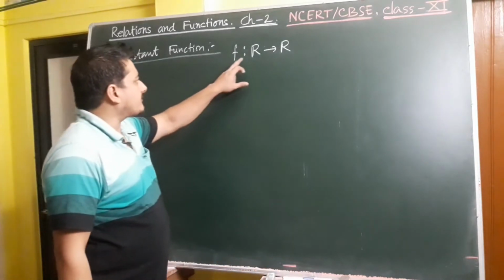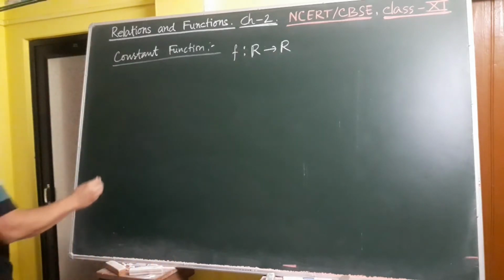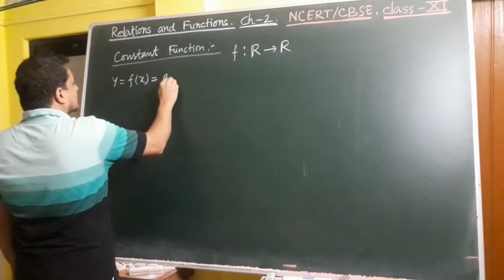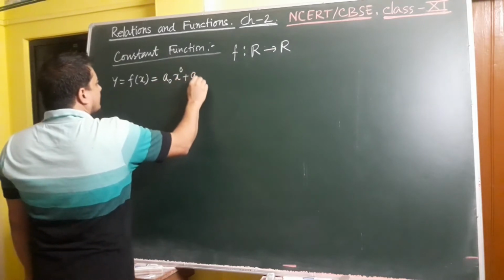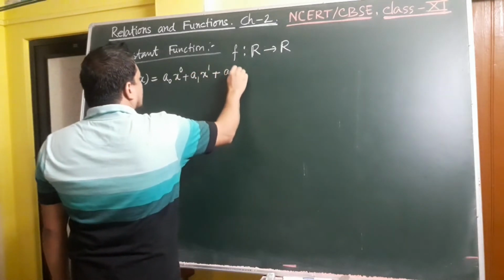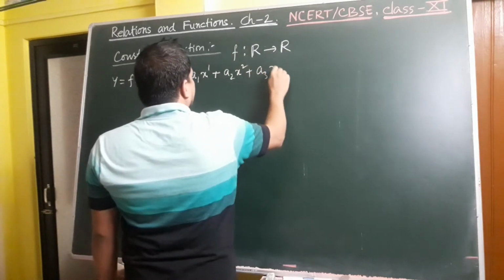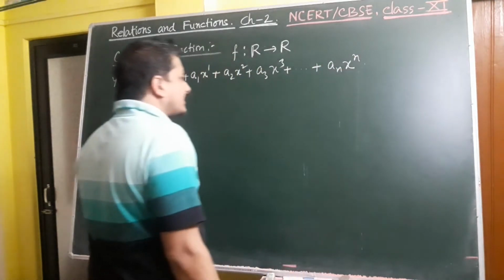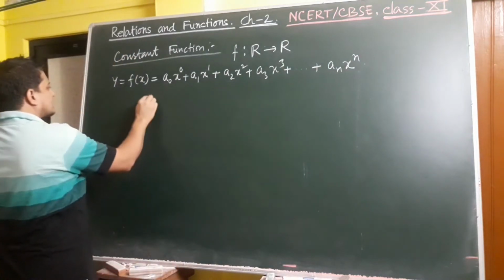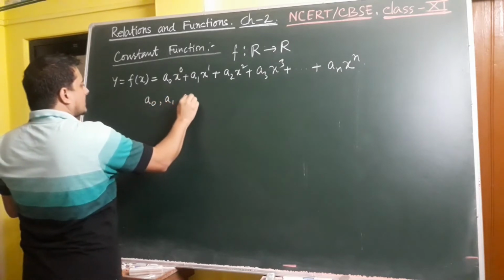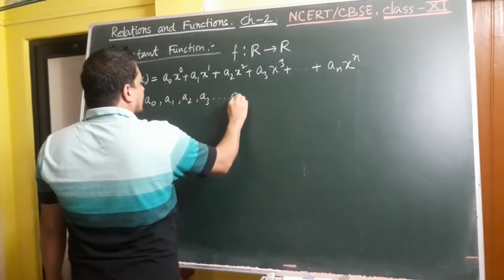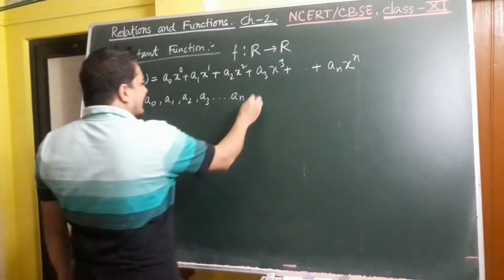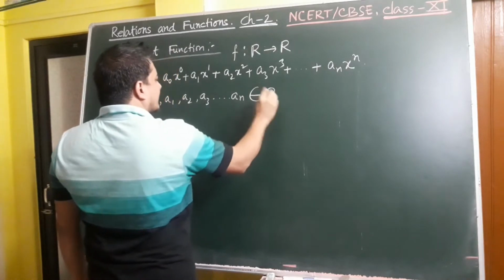Any function f from R to R written in the form y = f(x) = a0 x^0 + a1 x^1 + a2 x^2 + a3 x^3 + ... + an x^n, where a0, a1, a2, a3, ..., an are all the coefficients, and they are nothing but real numbers.